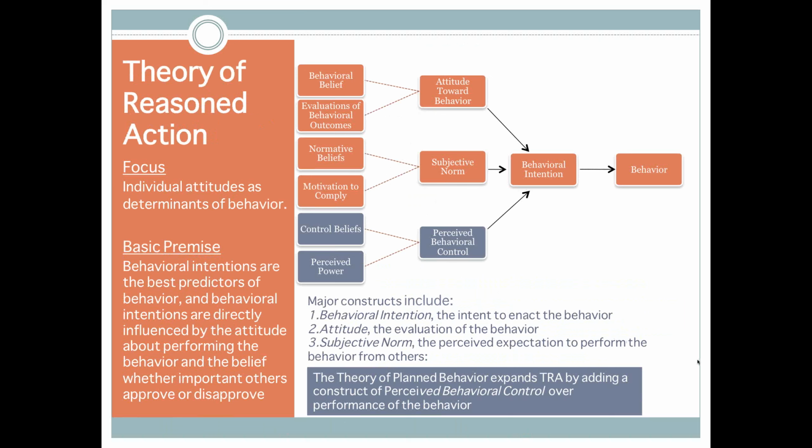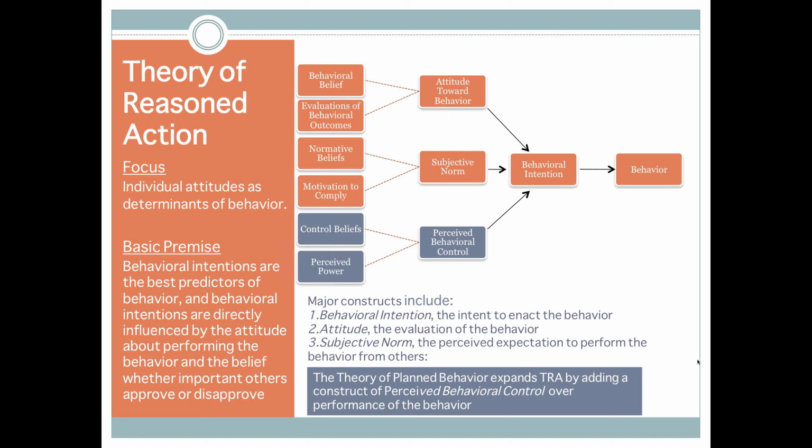The second individual level theory is the theory of reasoned action. In this case, we're not looking at how beliefs are related to behaviors, but we're looking at attitudes as determinants of behaviors. The basic premise of this theory is that behavioral intentions are the best predictors of behavior.